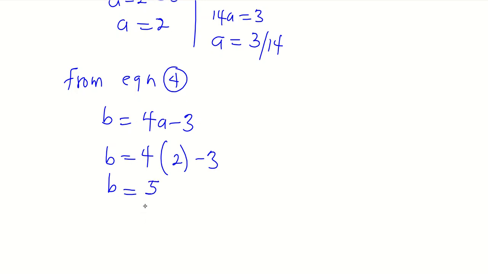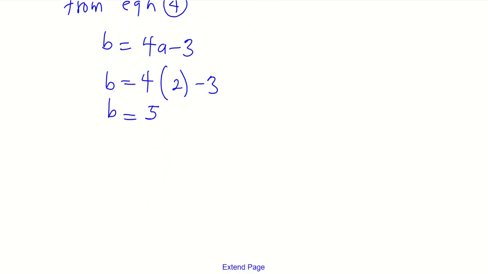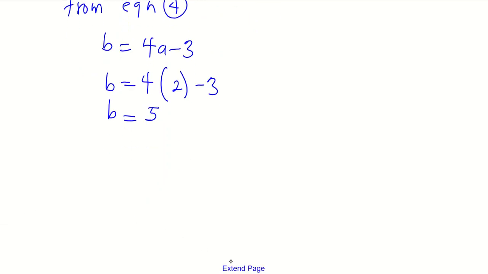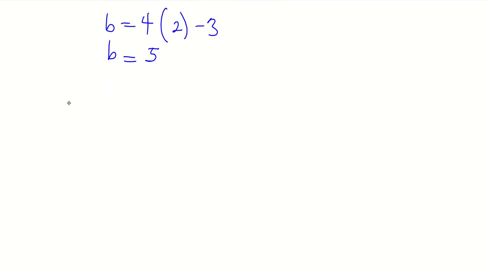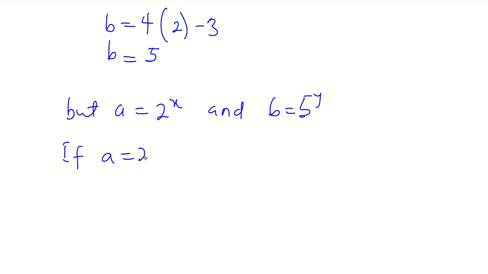Now we are not interested in finding A and B, but rather the value of x and y. And from the beginning, we said that we should let A be equal to 2 exponent x and B to be equal to 5 exponent y. So if our A value now is 2, then getting our x, 2 is equal to 2 exponent x, and 2 is the same as 2 exponent 1.